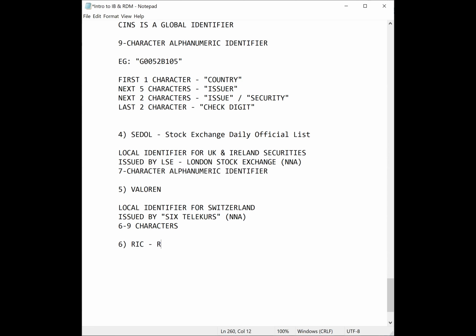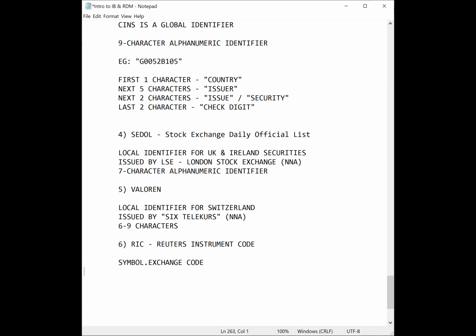RIC, we call it Reuters Instrument Code. These are local to Reuters. I mean, Reuters uses these codes. So it has two parts. First part is the symbol, and the other part is the exchange code.